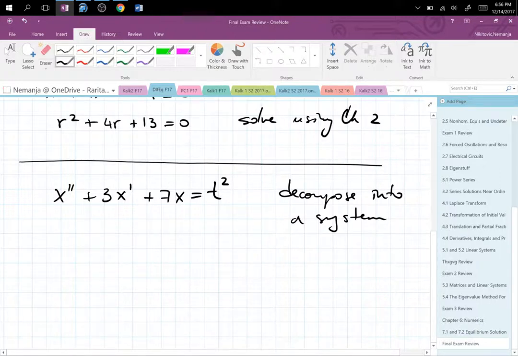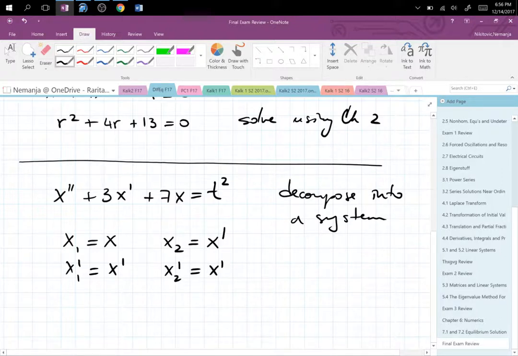So now we want to decompose. The way we decompose is you first set your x1 to be x, and you set your x2 to be x prime. You always start there. Now you differentiate x1 to get x1 prime, and differentiate x2 to get your x2 prime.